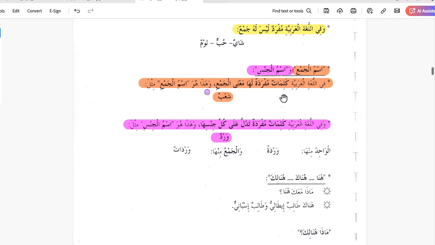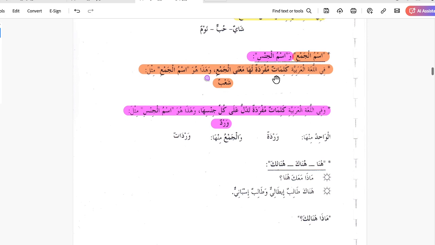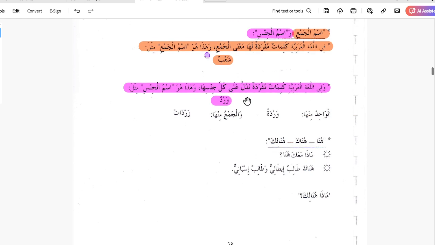jinsiya noun. So في اللغة العربية كلمات مفردة لها معاني الجمع. Some singular words that have a meaning of the jama are called ismul jama, like shabun. Shabun is people, so it is a singular word that can be used as a plural. فاسم الجنس وفي اللغة العربية كلمات مفردة تدل على كل جنسها.